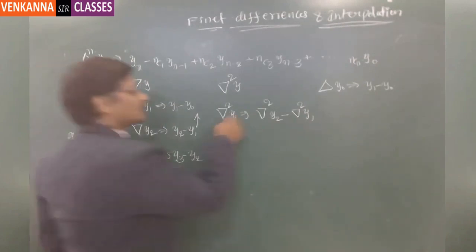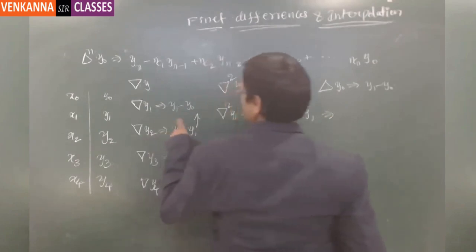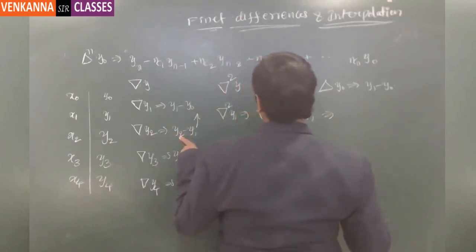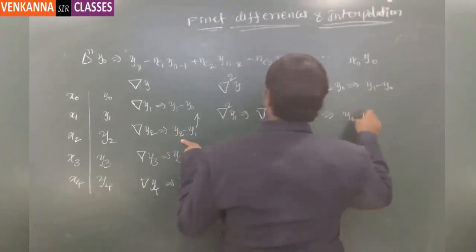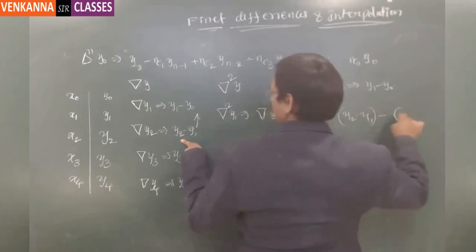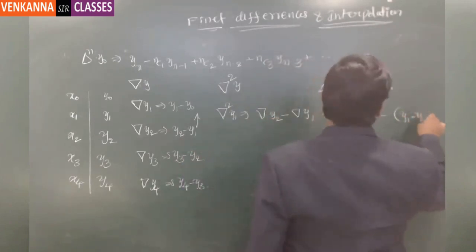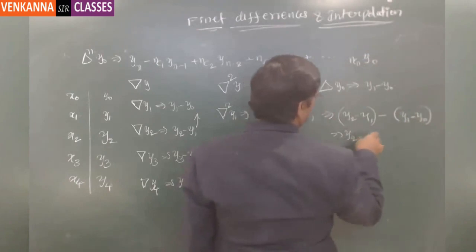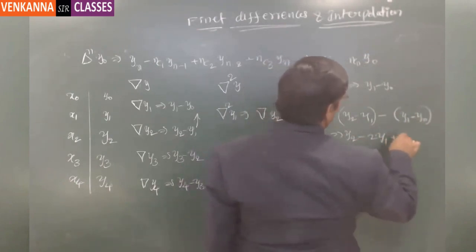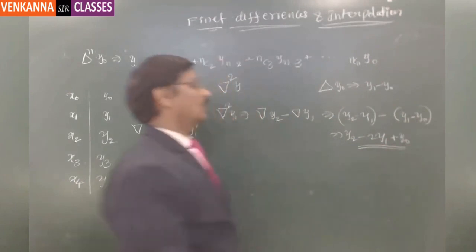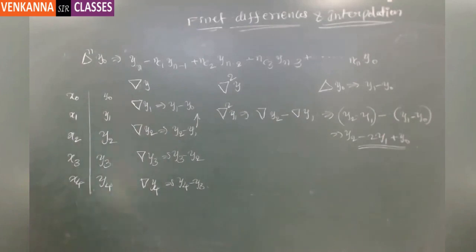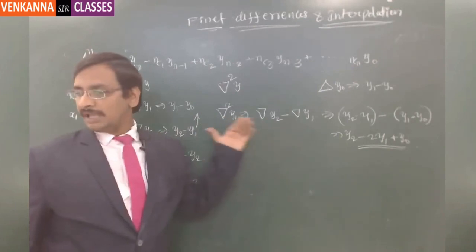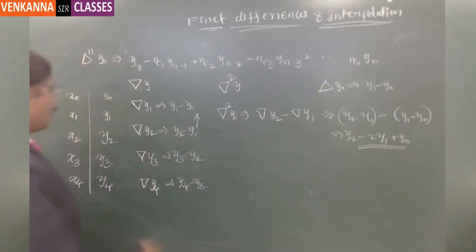So here del square of y2: del of y2 is y2 minus y1, minus y1 minus y0. So this is going to be y2 minus 2y1 plus y0. So this is how you will express it, but you are going to get the same values with a different kind of notation. Yeah, got corrected.